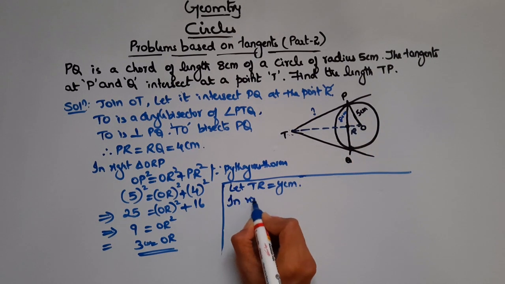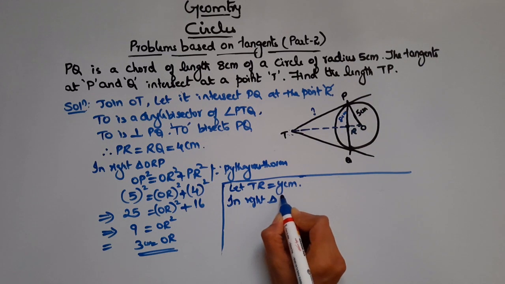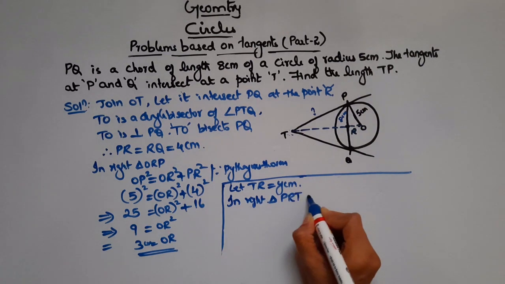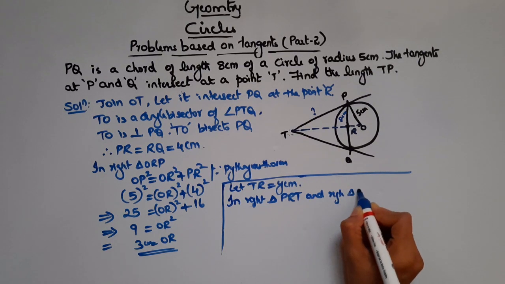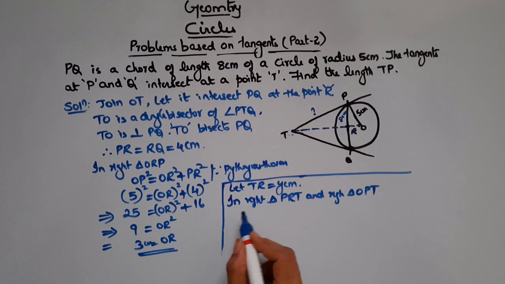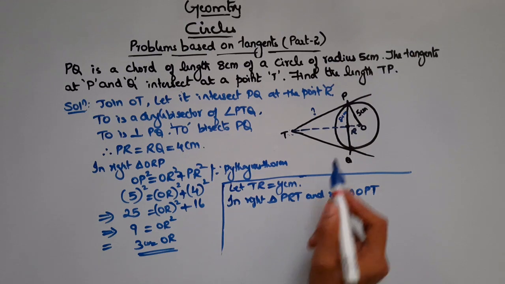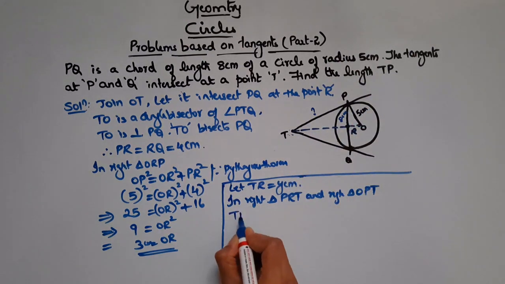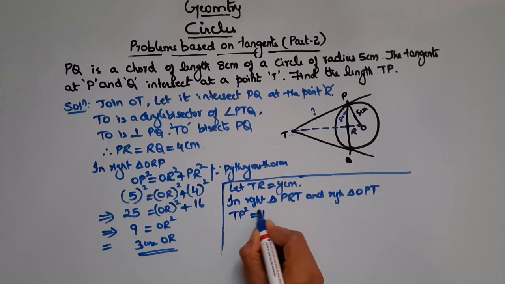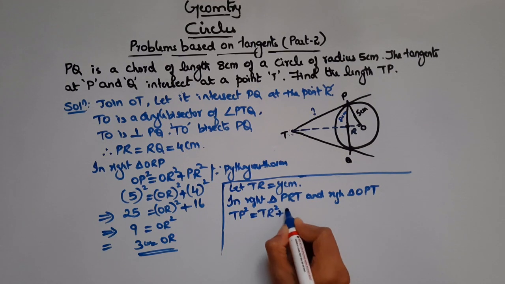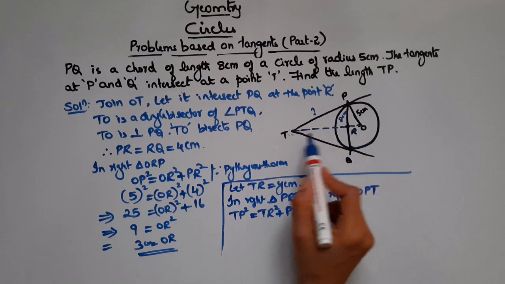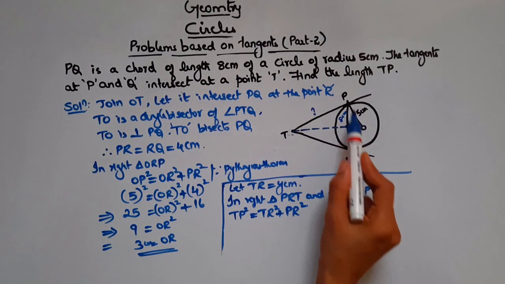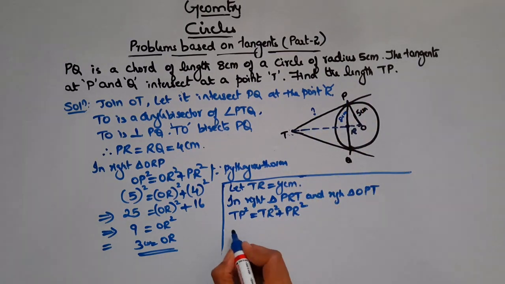In right triangle PRT and right triangle OPT. So in triangle PRT, we know TP square is equal to TR square plus PR square. And in triangle OPT, we know OT square is equal to OP square plus TP square, right?